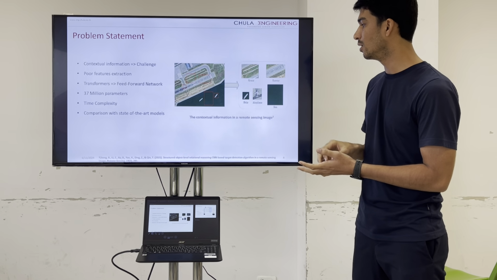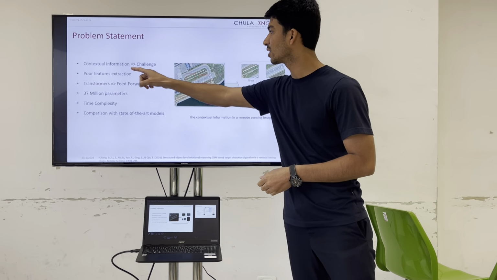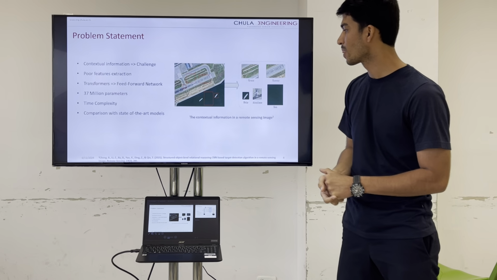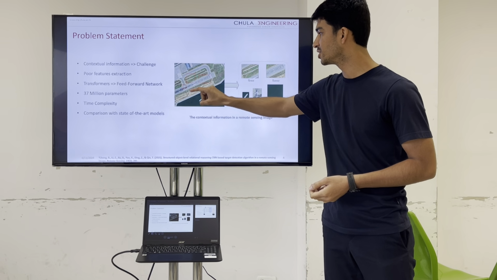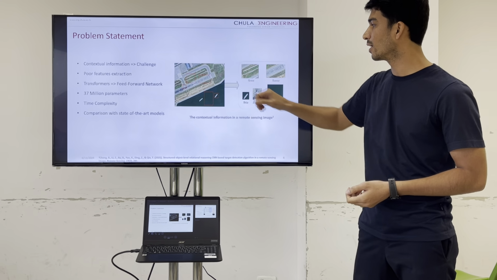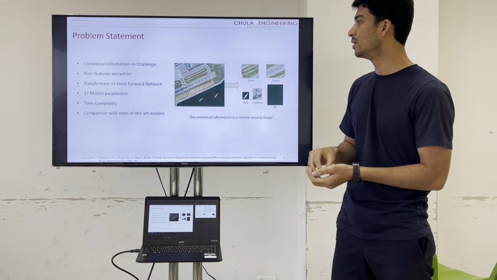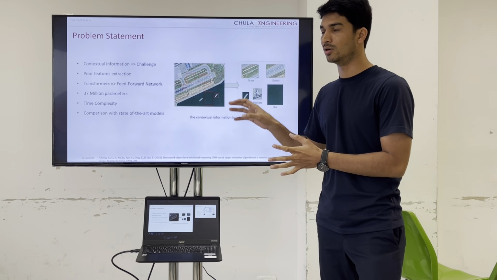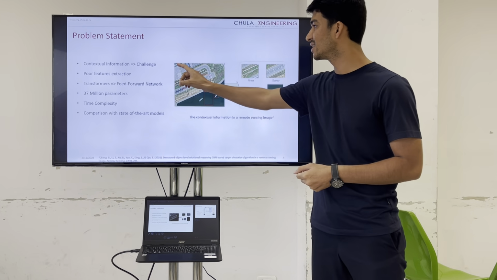These are the not required information for our work. So the contextual information is challenging, like focusing on this information. The plane and the ship or the runway is contextual information. The models before this were not good enough to super resolve and focus on that part. So that is a challenge.